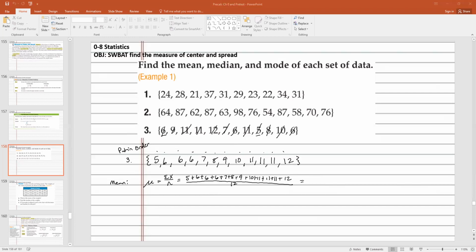So add those all up. 5, and here I would put parentheses when you're doing it on Desmos. 9 plus 10 plus 11 plus 11 plus 11 plus 12. And this is where the number keypad on your keyboard is going to be useful, if you know how to use it well.